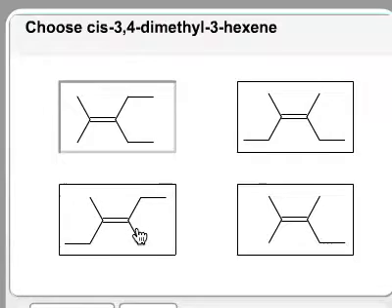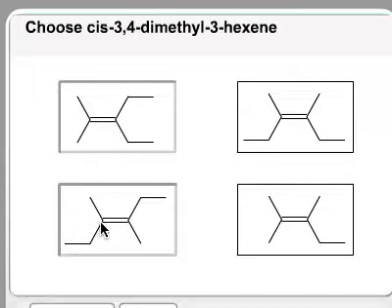Dimethyl, but this is not cis, it's trans. So let me go back up to this one. 1, 2, 3, 4, 5, 6. My bad. This top one up here is not ruled out. This one is, because you don't have a 6-member ring. And this would be trans-3,4-dimethyl-3-hexene. Double bond is on the 3rd carbon. So we built it out. 6 carbons is the longest chain. The ene ending implies the alkene. 3 tells me that the double bond is on the 3rd carbon.